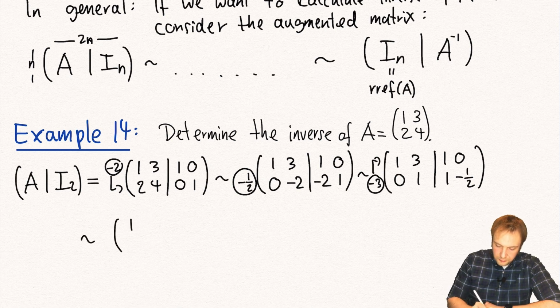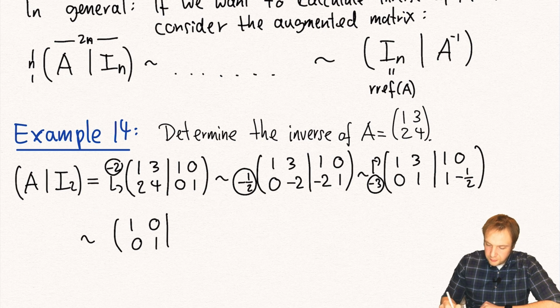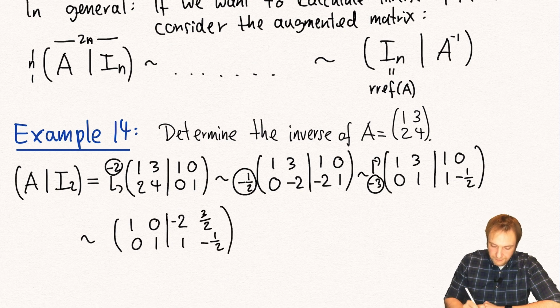So we have 1, 0, 0, 1, and now 1 minus 3 times 1, so minus 2, 0 plus 3 half, so this is 3 half, 1 and minus 1 half.